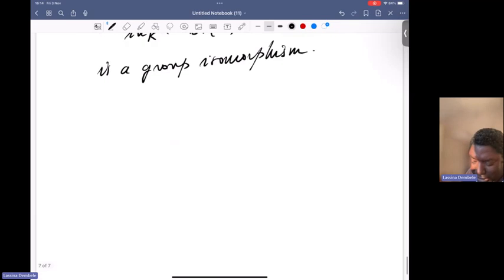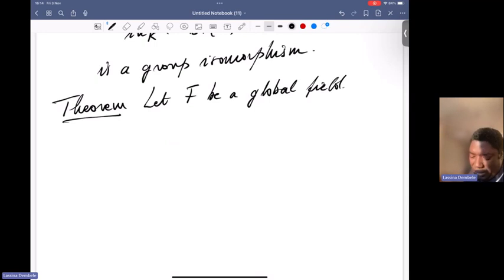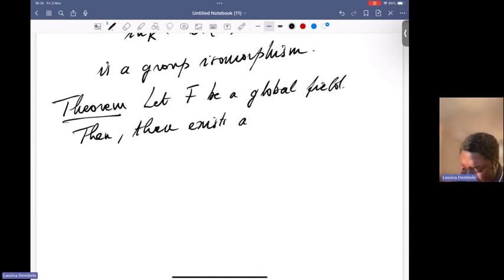So here is the key theorem for today, or at least the first part of the lecture. Now we give ourselves a global field. In our case, that would be a number field. And the theorem says the following, that there exists an exact sequence.